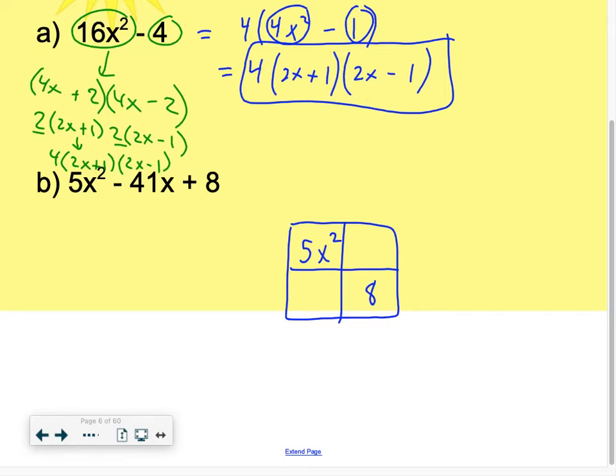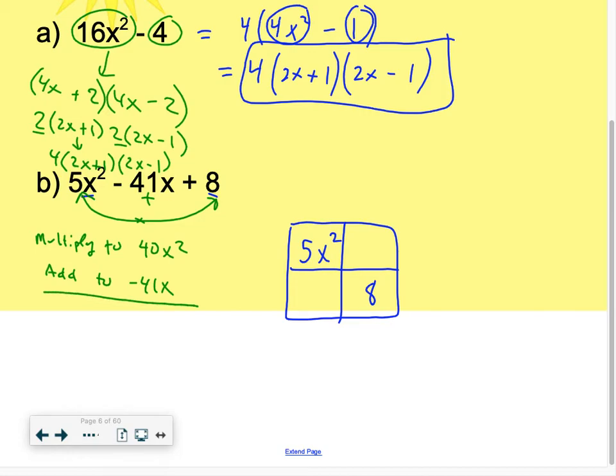So that's just coming from here. Step 2 is what I call the magic question. So find 2 things that multiply to this product. You multiply those. 8 times 5x squared is 40x squared. But also add to that middle term, negative 41x.